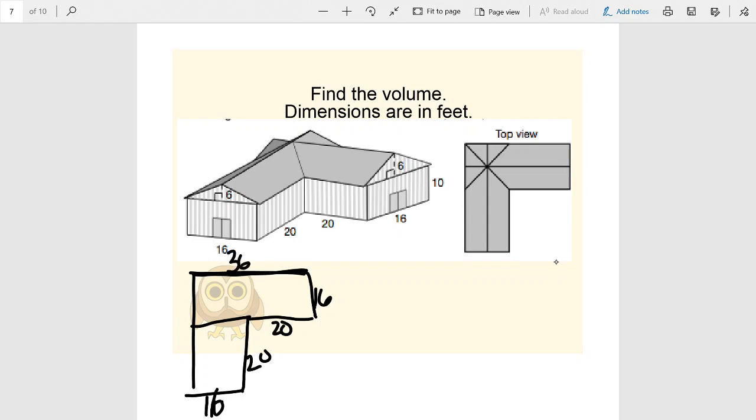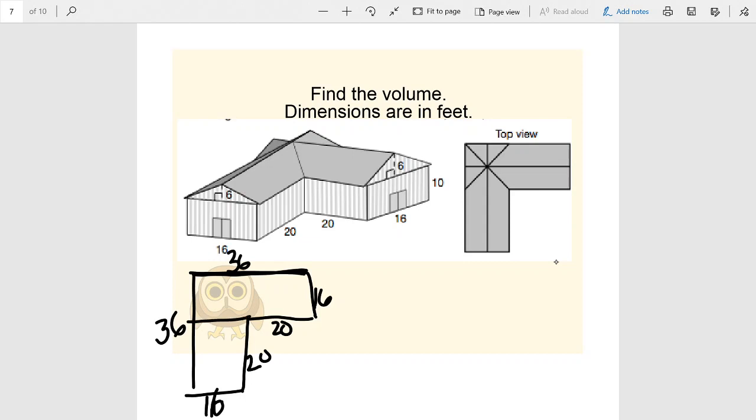Okay, so if I wanted to find this rectangular prism in here, I could do that whole rectangular prism, and I could do the entire rectangular prism here as well, and then take out the area. I think that's more complicated than we need it to be. I'm just going to cut it in 2 pieces.